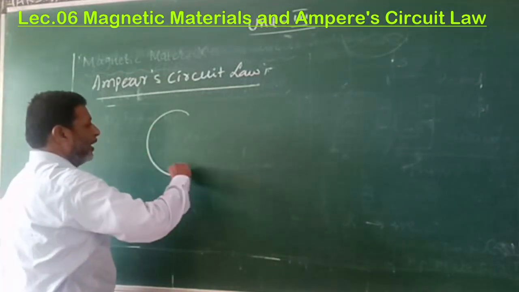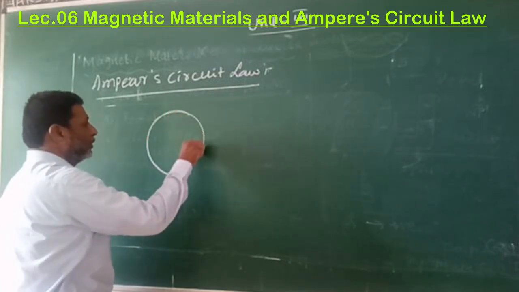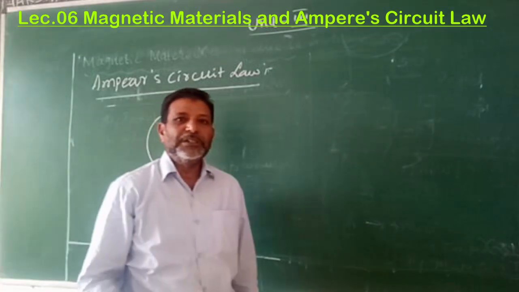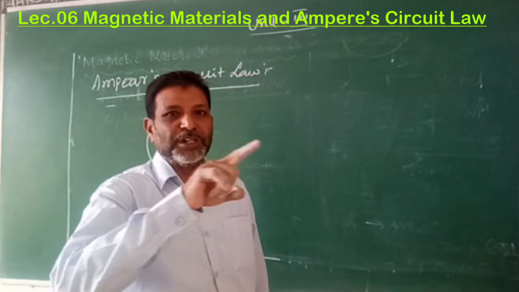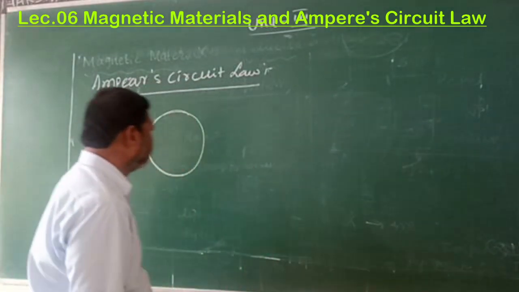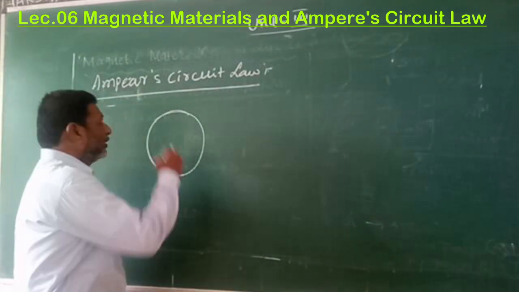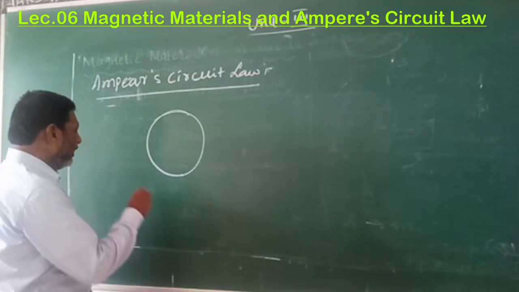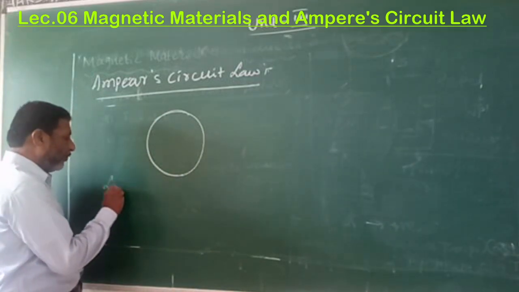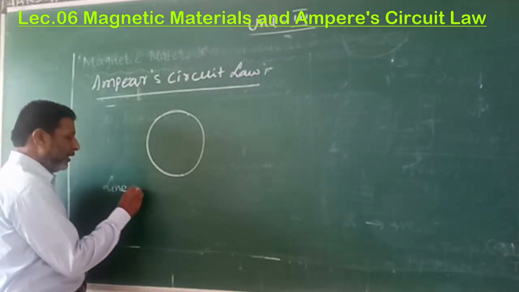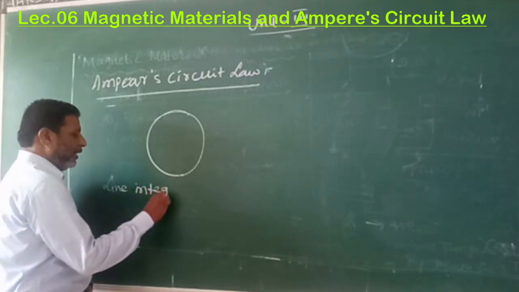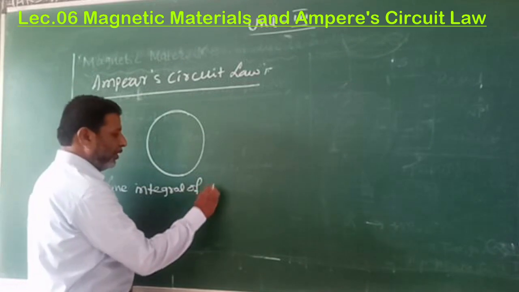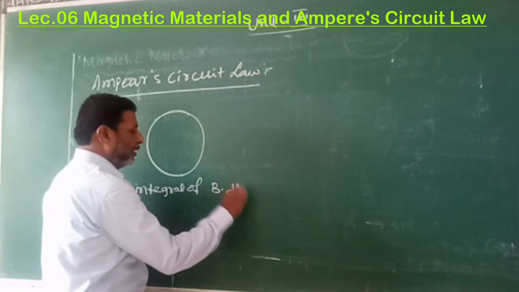Suppose this is a closed curve, in which the current is flowing. Then the statement of Ampere's circuit law is that the line integral of B dot dl.